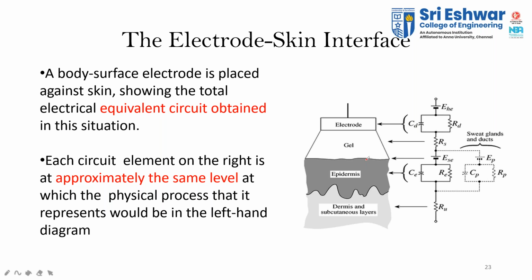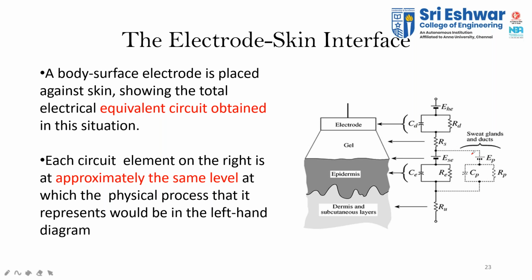Your epidermis layer acts like a parallel combination of capacitor and resistor, an RC circuit, and the dermis and subcutaneous layers act as a resistor. All the sweat glands have another parallel RC circuit.